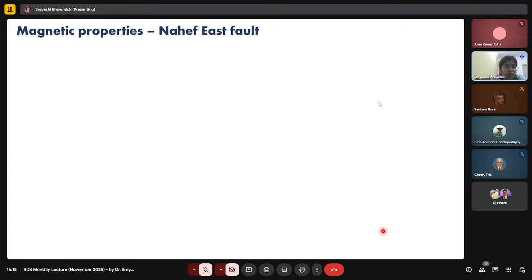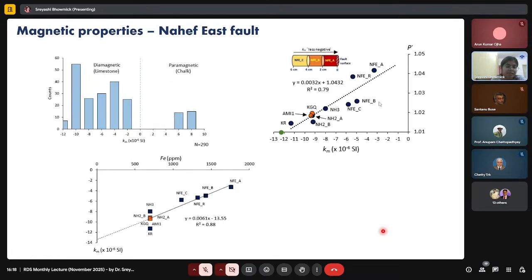Now, I will quickly move on to the magnetic properties that we have seen in the Nahafist fault. First of all, as I already mentioned, the Nahafist fault consists of limestones in the footwall block. And we know that limestones are diamagnetic, that means they have negative magnetic susceptibility.